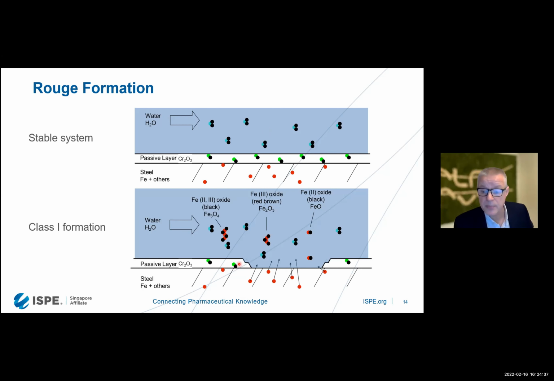But if you have a breakage in the passivating layer, of course, the ferrite ion will merge and join the water molecules, and then you will get ferrite 2 oxide or ferrite 3 oxide. And then you get rouge. These will be particles in the water that will flow along with the water.